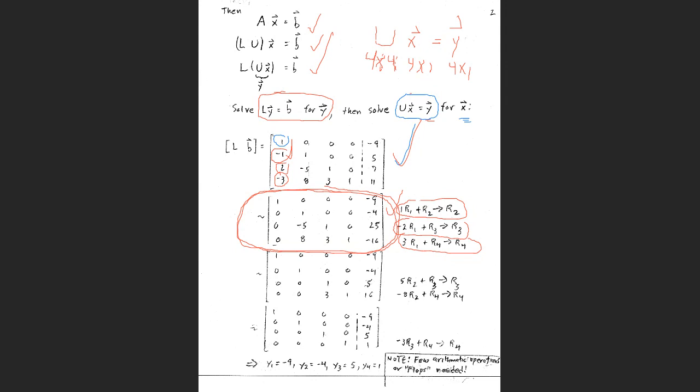What I want you to do, just for now, focus up to here. We did 3 row operations. Whenever you do row operations, there are mathematical operations, or what we call flops, involved.